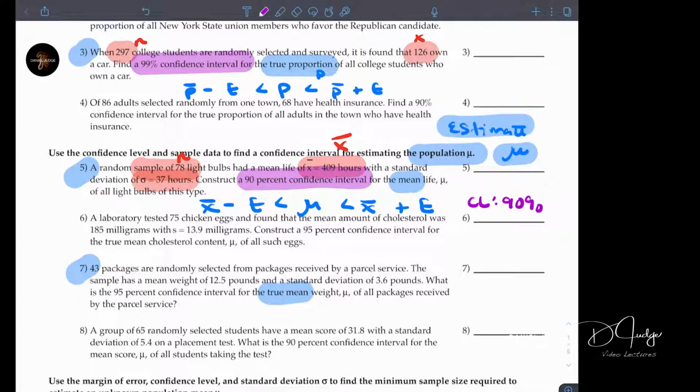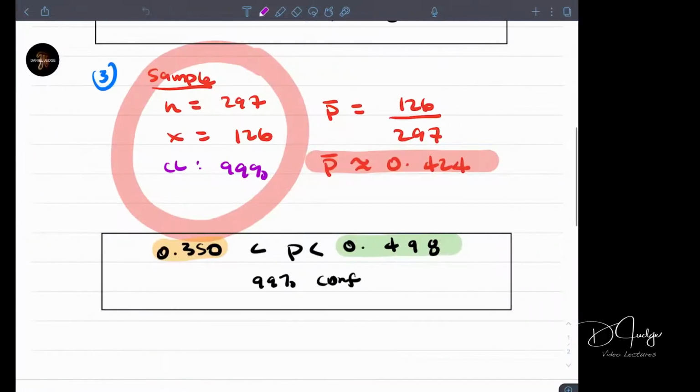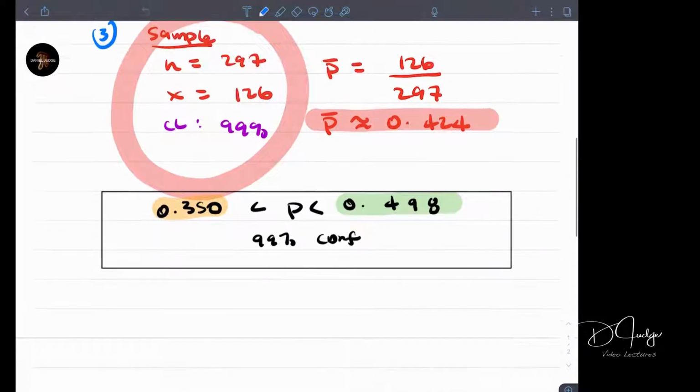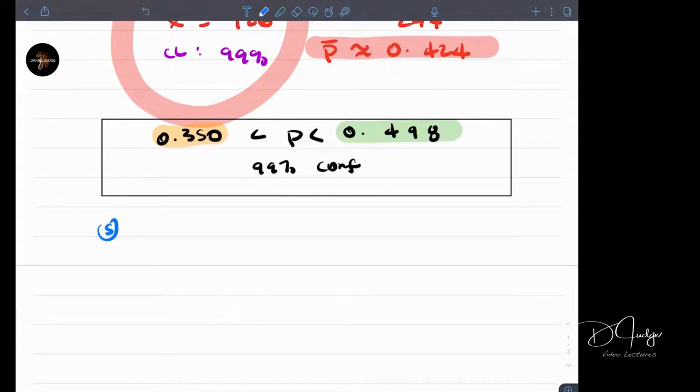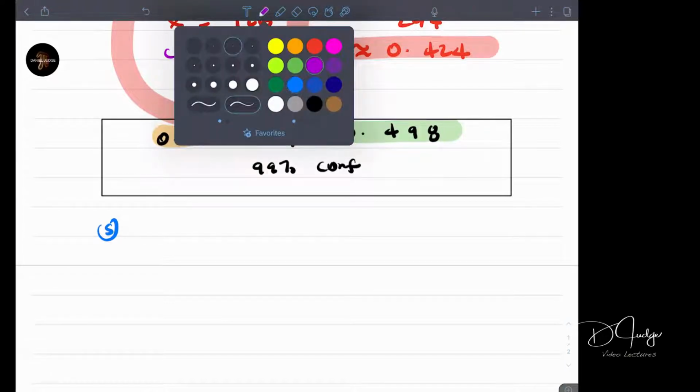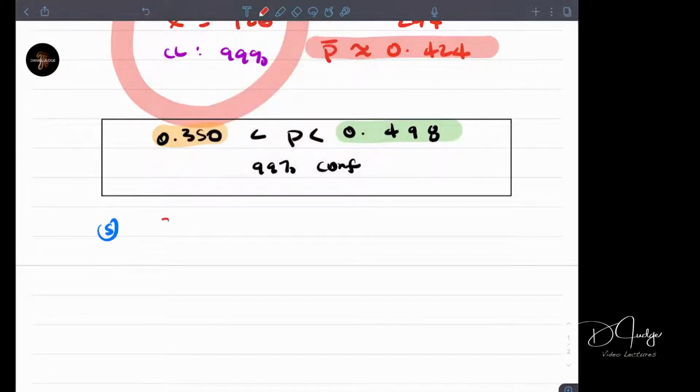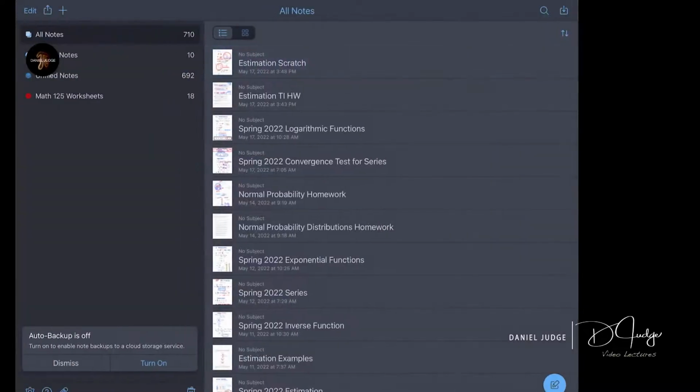So this is number 5, and I'm going to have to use my scratch. In our sample, they gave us a sample size, and they were nice enough to compute the sample mean. And I believe this is the 90% confidence level for number 5.